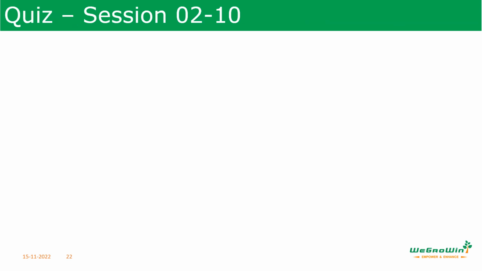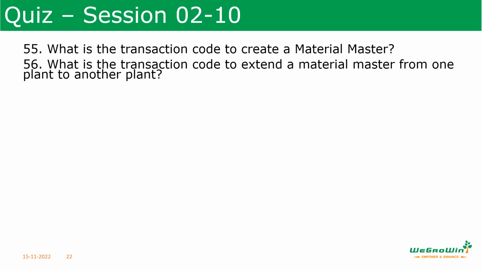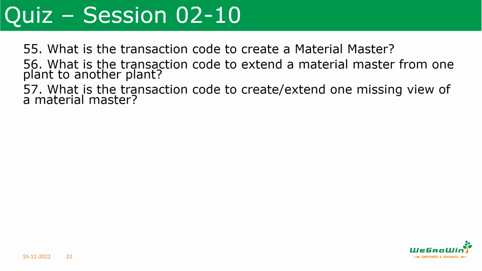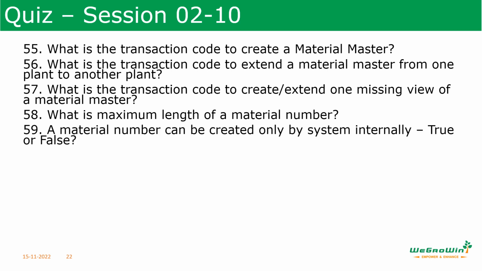Time for the quiz of this session. What is the transaction code to create a material master? What is the transaction code to extend the material master from one plant to another plant? What is the transaction code to extend one missing view, or to create one missing view of a material master? What is the maximum length of a material number? Here the question is related to S/4HANA.